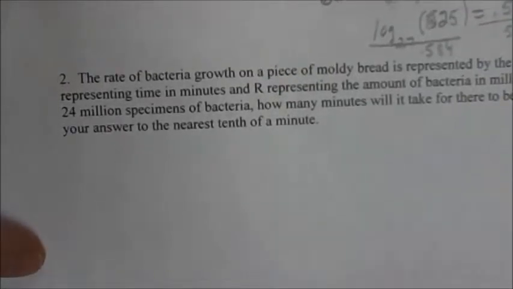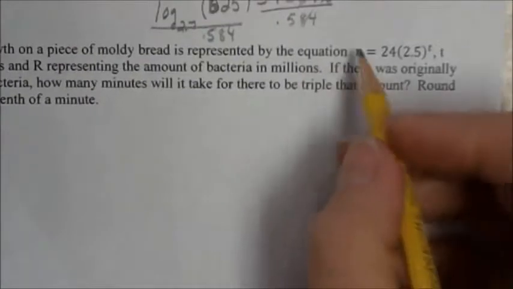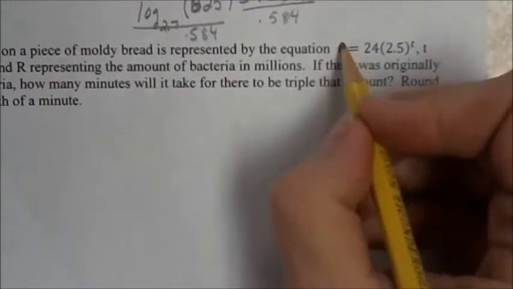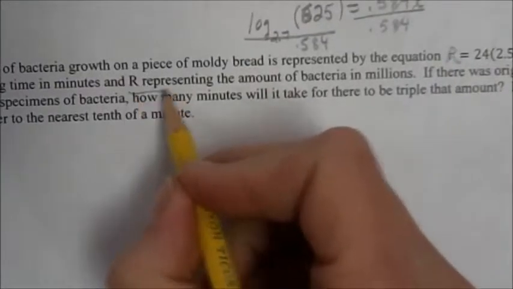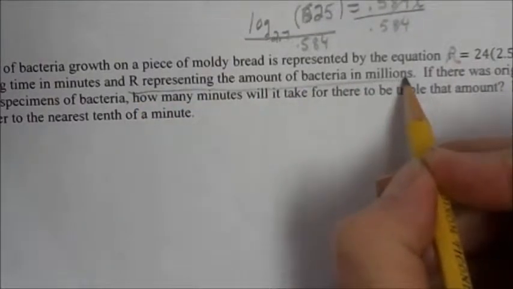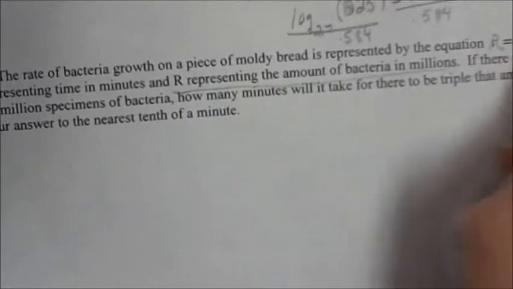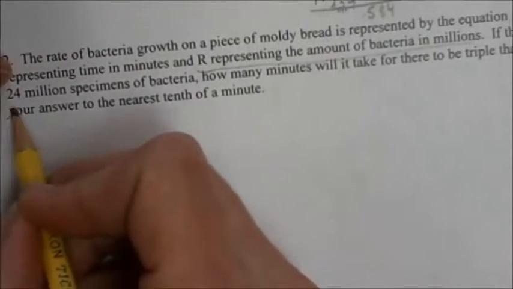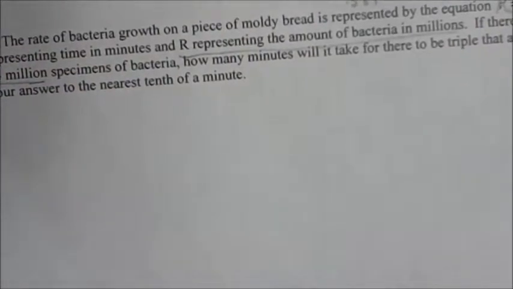Number 2, the rate of growth of bacteria on a piece of moldy bread is represented by this equation. This should be a capital R, because R represents the amount of bacteria in millions. 24 is the initial amount of bacteria, because it says there were originally 24 million. Everything is done in millions in this problem.